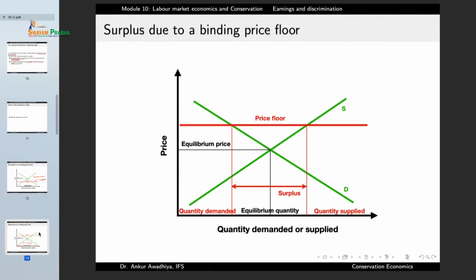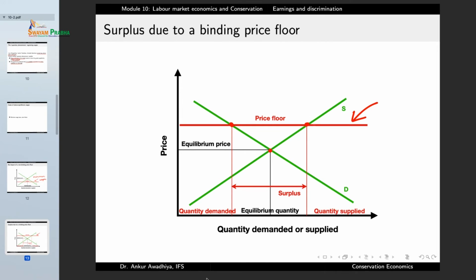But in case the minimum wage, which is shown by this red line, is more than the natural market equilibrium that is shown by this point, so in that case, there will be a difference between the quantity that is demanded at this price. So quantity demanded is given by this point where the demand curve is intersecting with the price floor curve, and the quantity that is supplied is given by this point where the supply curve is intersecting with the price curve.